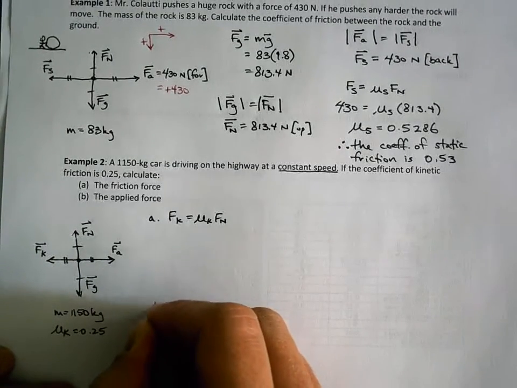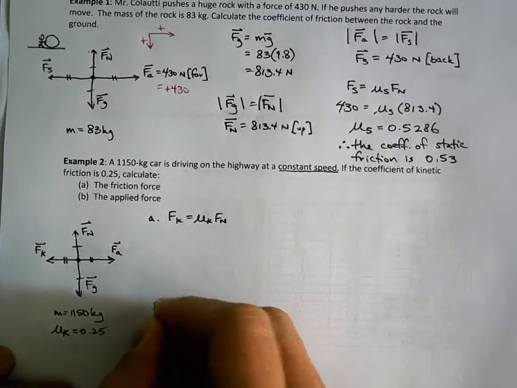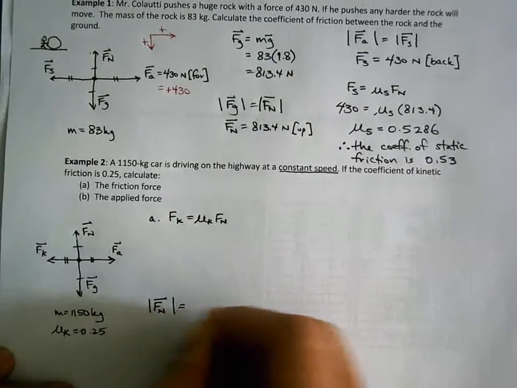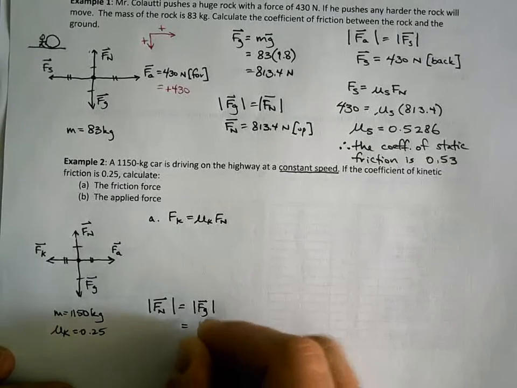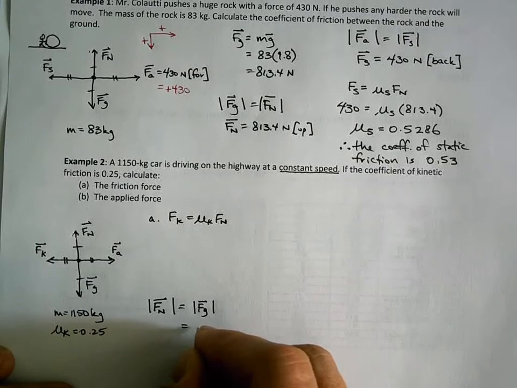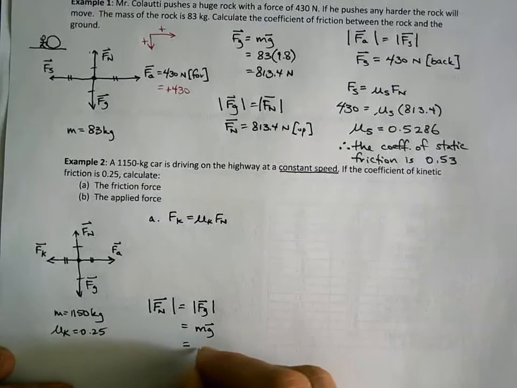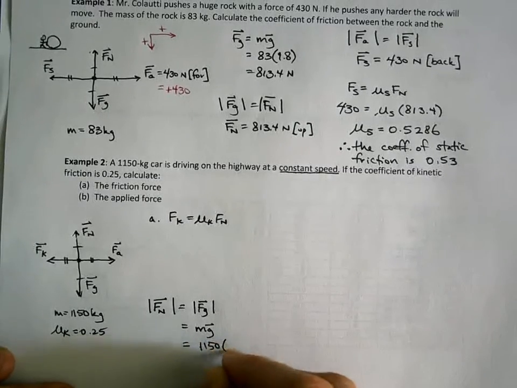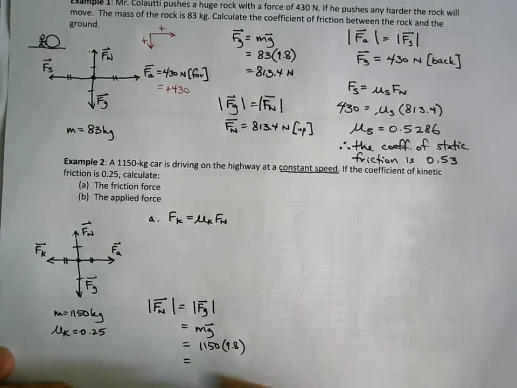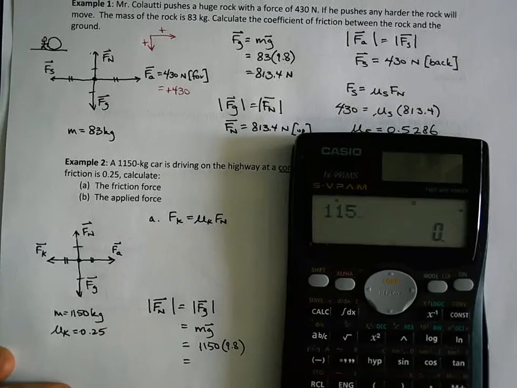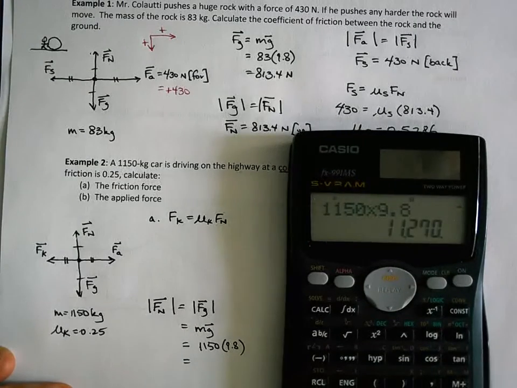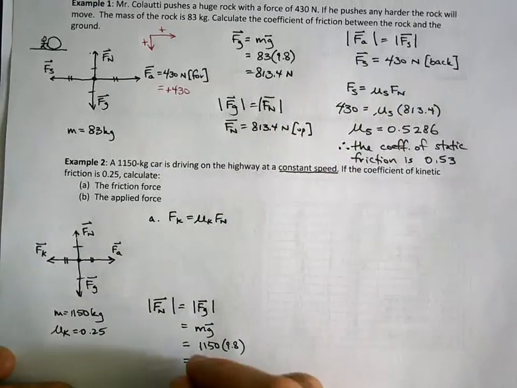We know that the magnitude of Fn is equal to the magnitude of Fg, which is equal to mg, which is equal to 1150 times 9.8. So I get 11,270.